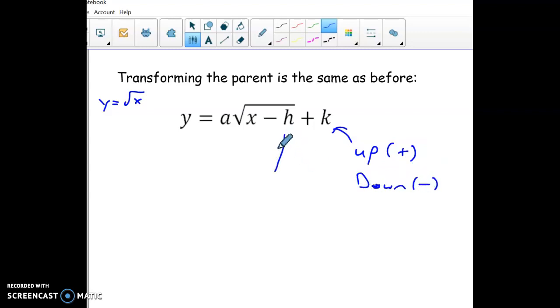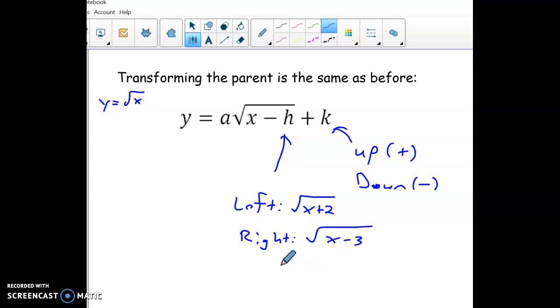The h on the inside goes left or right, and it's opposite of what we think. If we want to go left, we'd have radical x plus 2. If you want to make it go right, we would have something like x minus 3.